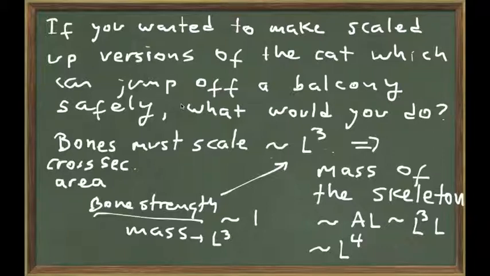So in your genetic experiment, designing a cat strong enough to jump off the second balcony, you'll have to make this series of cats with a skeleton mass that grows like the fourth power of the linear dimension. Now you can see that might be a problem, right? Because the skeleton mass grows like L to the fourth power, but the mass grows only like the third power of the linear dimension.